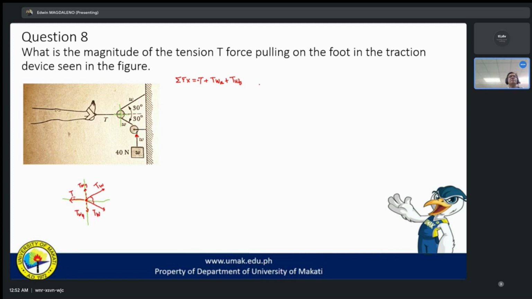Also to the right, to the right rather. Pareho silang positive and equal silang dalawa. Okay? So we have here equal to 0.